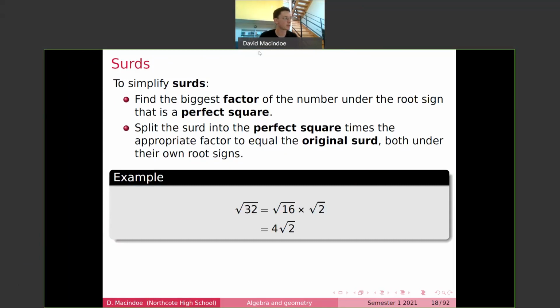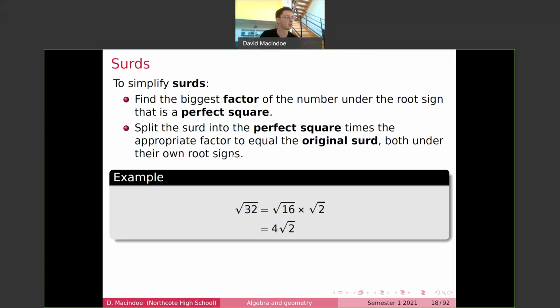But first, let's look at with surds, how to simplify them. So if you want to simplify a surd, the most efficient way is to split up whatever your surd is into the biggest factor that's a perfect square. That'll get you there the quickest. You can also do it more slowly by splitting up into factors that might not necessarily be the biggest one.